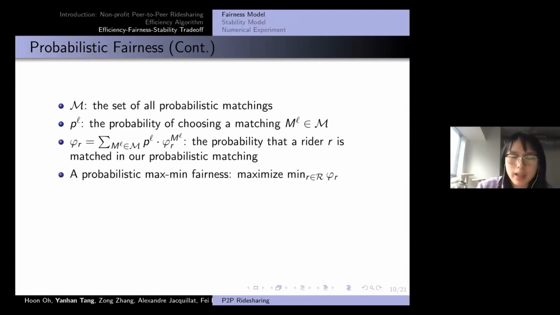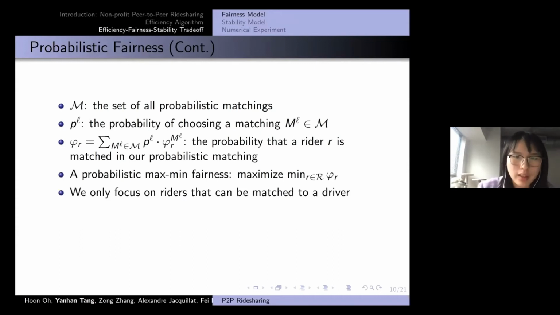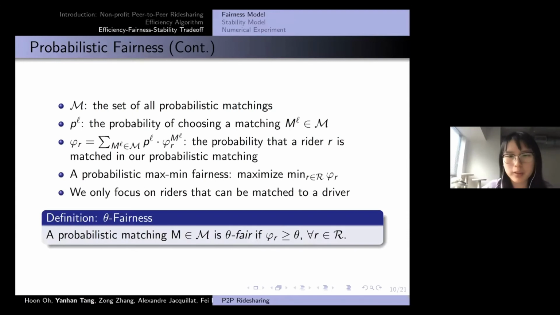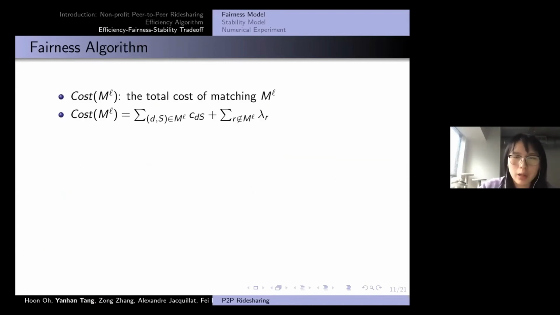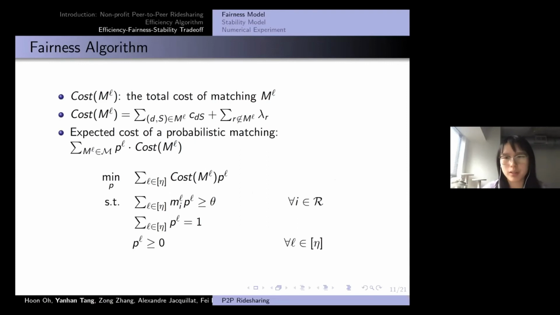We also define a probabilistic maximum fairness, formally as theta fairness, where we want to maximize the mean probability of getting matched in our system across all riders that can possibly be matched to a driver. And we also propose a fairness algorithm to compute fair matchings, and the cost structure is similar to what we defined above.